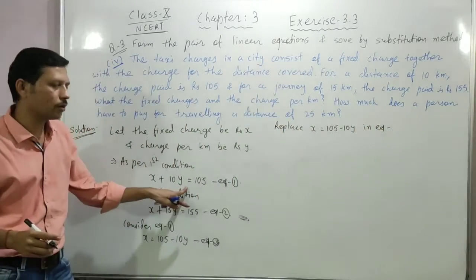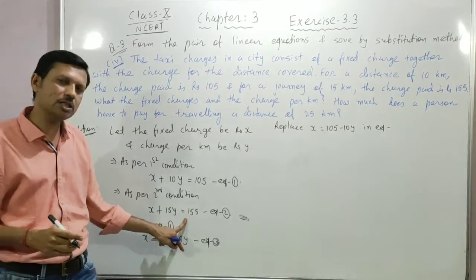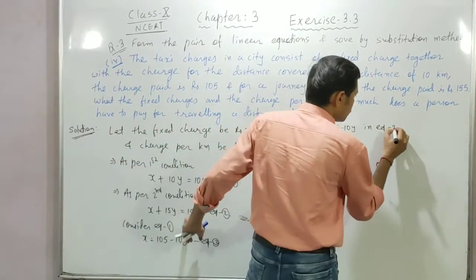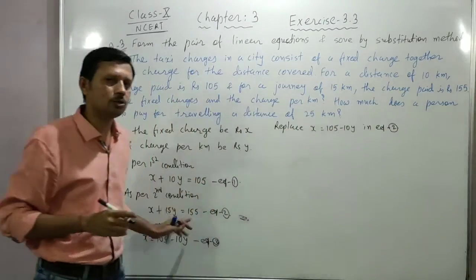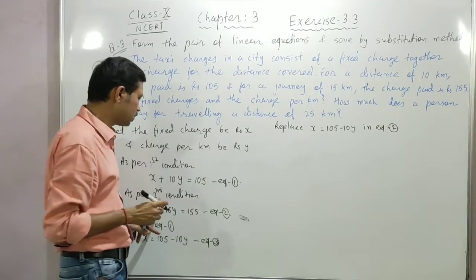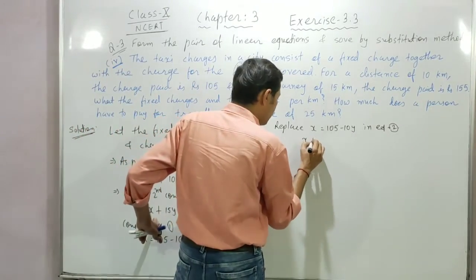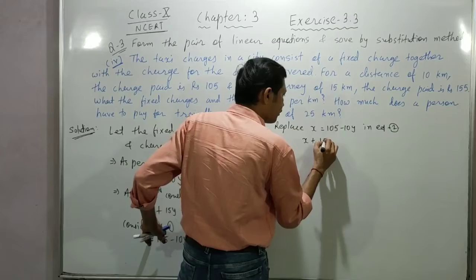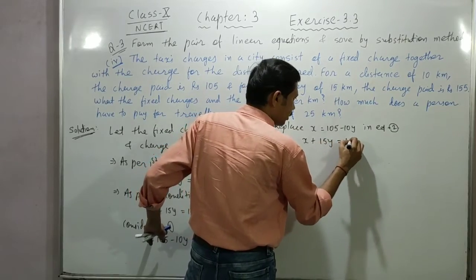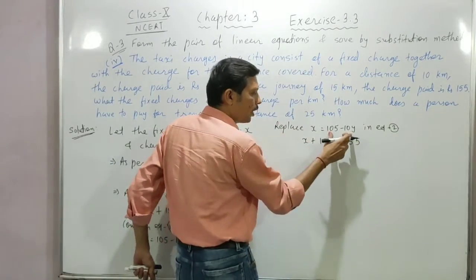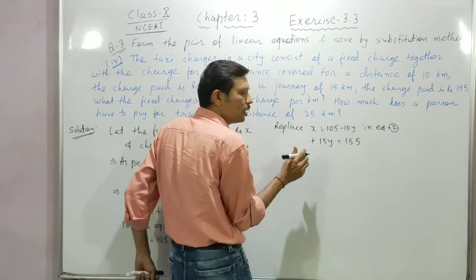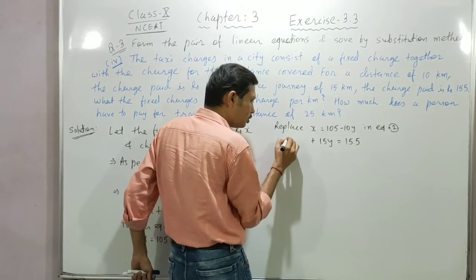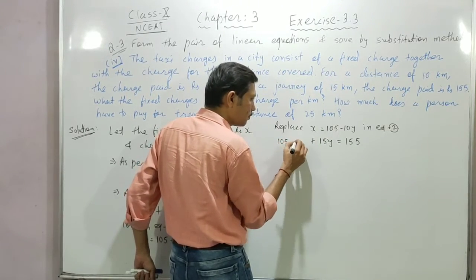Equation number 2 is x plus 15y equal to 155. In the place of x I am replacing, so x will be eliminated, and we get 105 minus 10y.